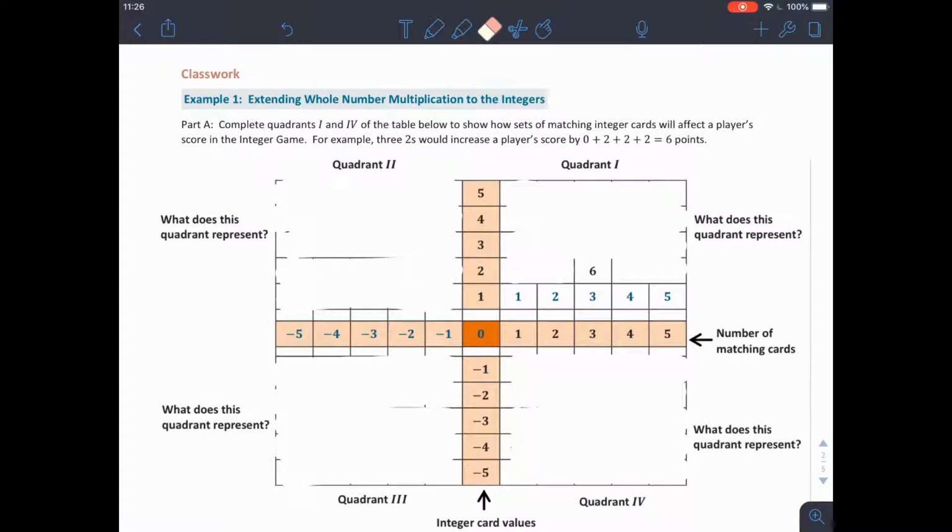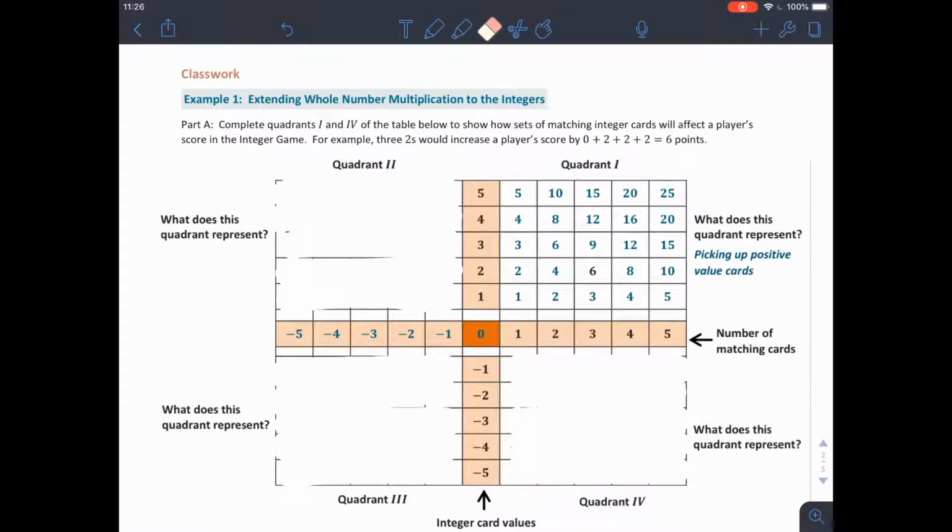If we did it with 2, 1 two card would be 2, 2 two cards would be 4, and we continue counting up by 2s. For 3s, we'd count up by 3s, 4s count up by 4s, and 5s count up by 5s. This is the basic multiplication you are used to doing. So this quadrant 1 represents just picking up positive value cards.